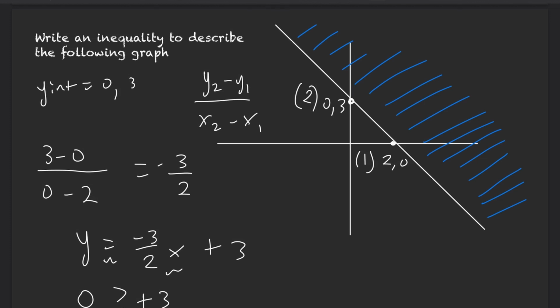That means the actual inequality is y is greater than or equal to minus 3 over 2x plus 3. And this is a solid line.